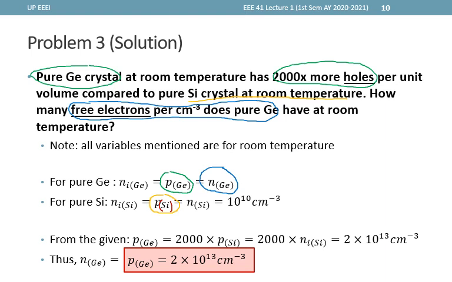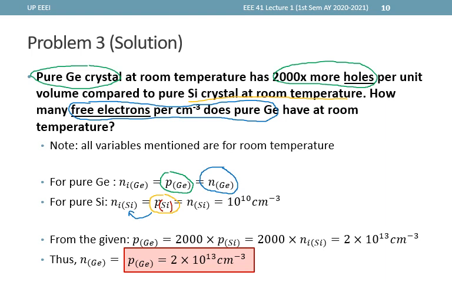And from the given, its value is 2,000 times more than that for silicon. So P of germanium is just 2,000 times that for silicon. So 2,000 times Ni of silicon, which is just 10 to the 10.